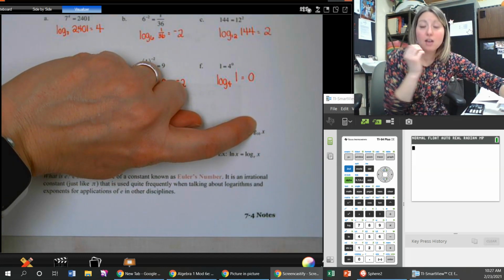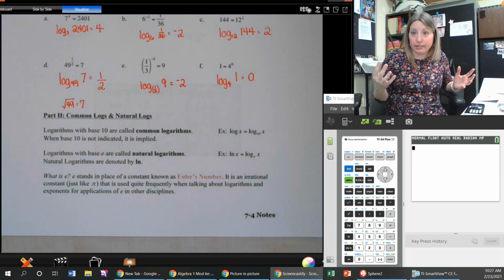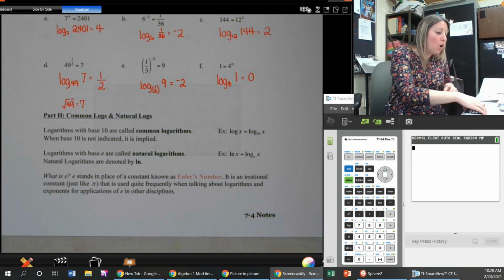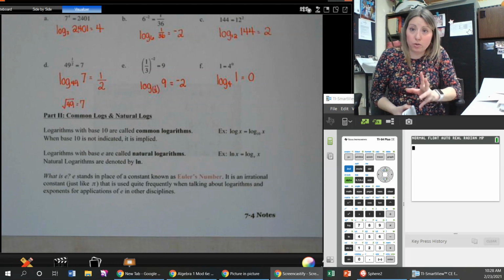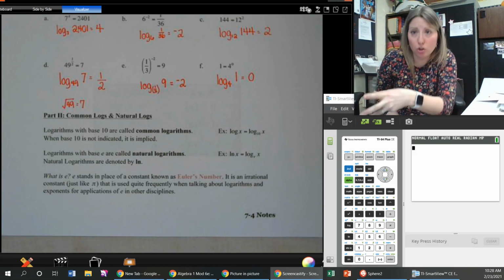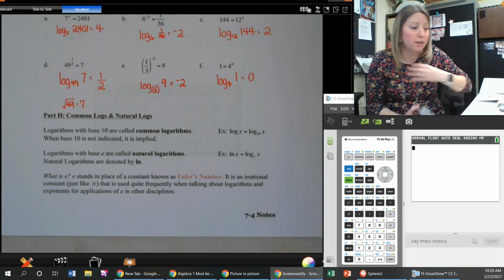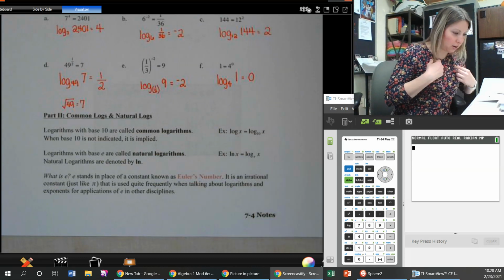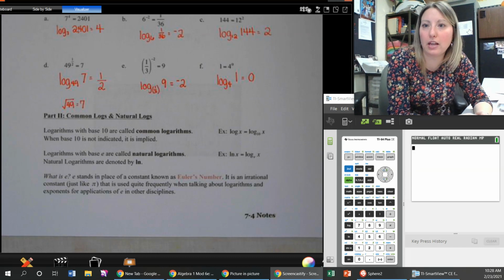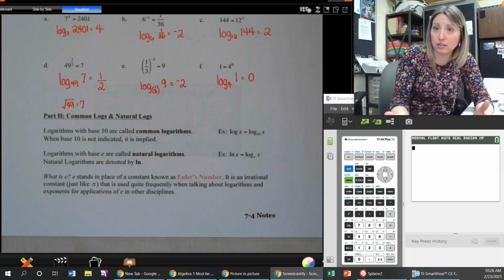Okay. Now, what the heck is E, right? E is a constant known as Euler's number. Euler named the number after himself because he was kind of the leader in solidifying this as a constant value. Pi is a constant value, right?